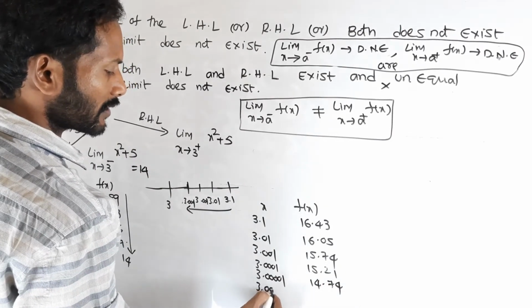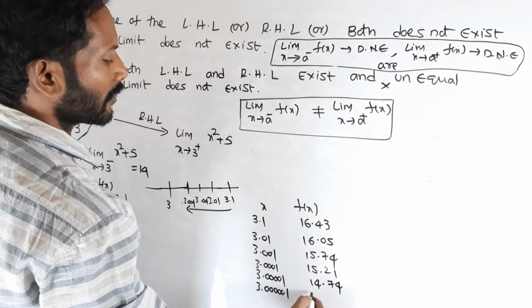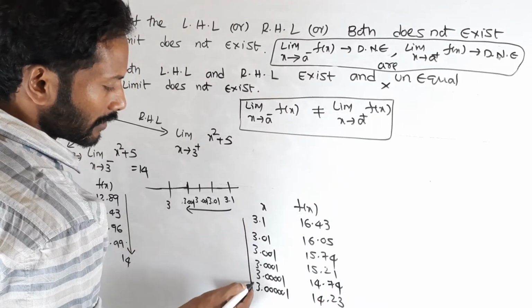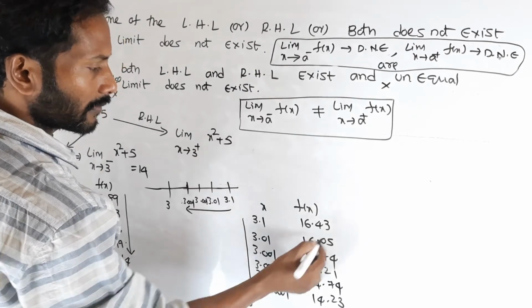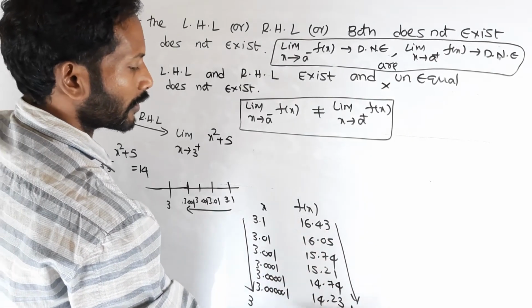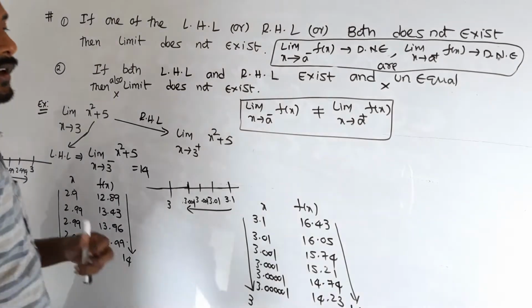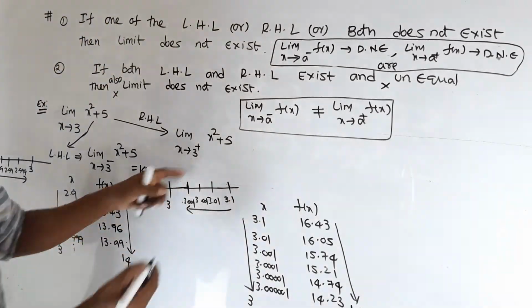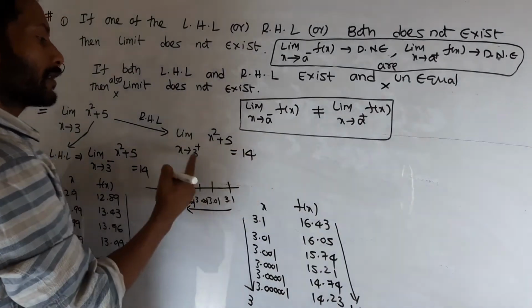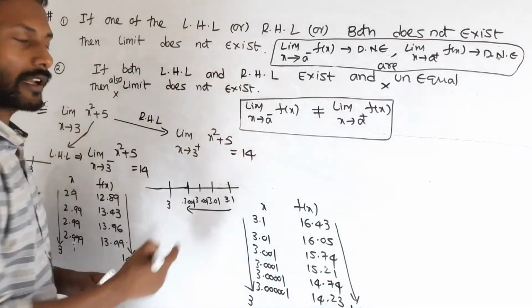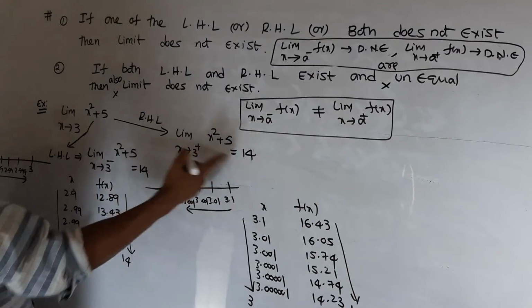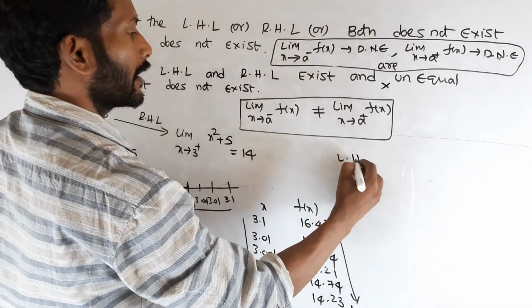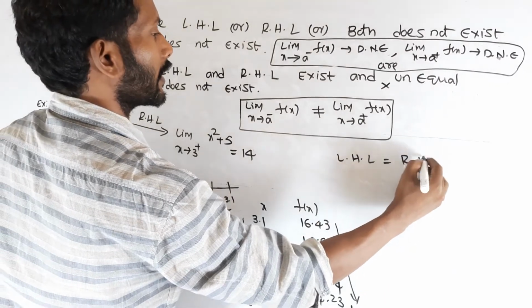3.0001 is close to 14.23. This one approaches 3 and the value is closer to 14. As we substitute further values, it gets closer to 14. So the result is 14: 3 square is 9, plus 5 is 14. Here the left hand limit equals the right hand limit.